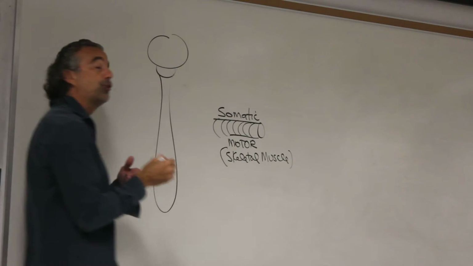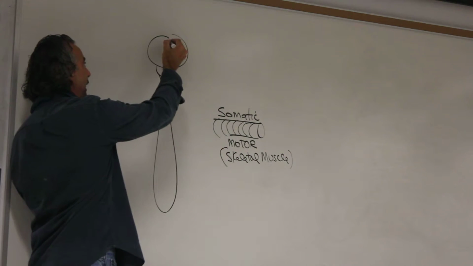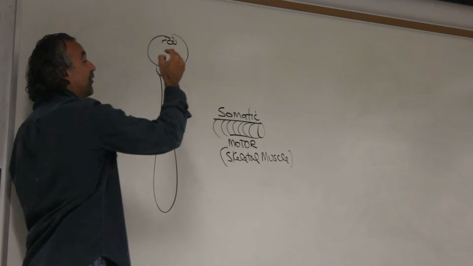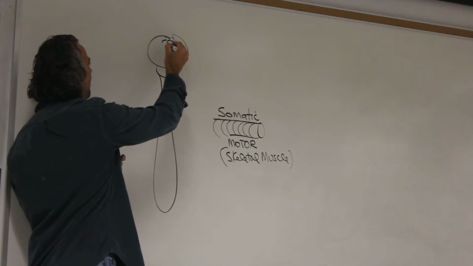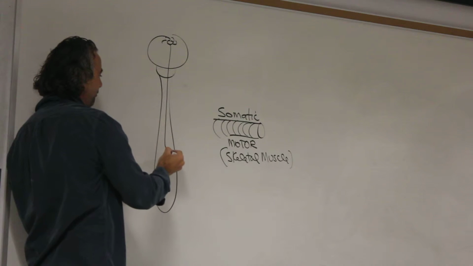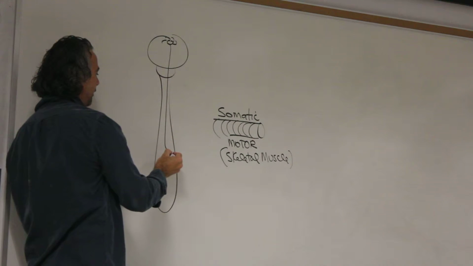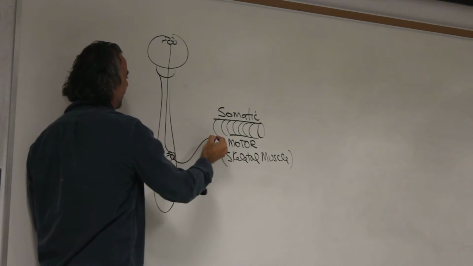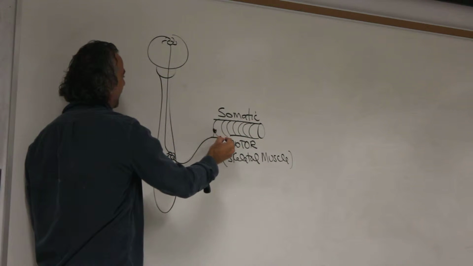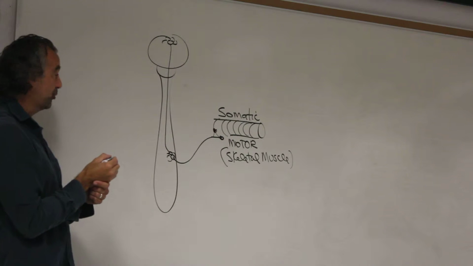Okay. So two. One's up in my brain from my pre-central gyrus. That's where we're going to start from. It comes all the way down my spinal cord, down to over here somewhere, right? Hooks on to neuron number 2. And from there I go to my little skeletal muscle. Just like that. Okay, that looks pretty good.